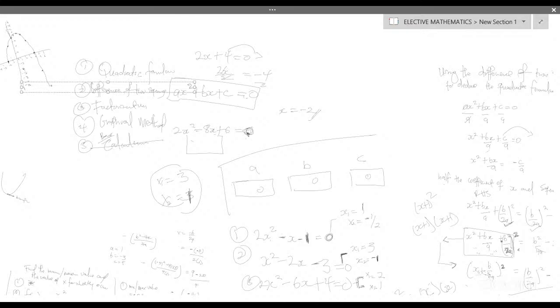We learned how to use the calculator to solve the quadratic equation. We learned the difference of two squares, how to deduce the quadratic formula using the difference of two squares. We also learned how to solve a quadratic equation using the difference of two squares, and using the quadratic formula.